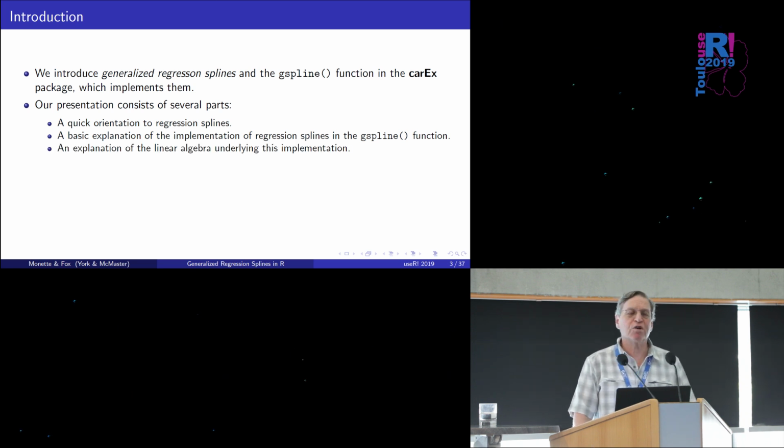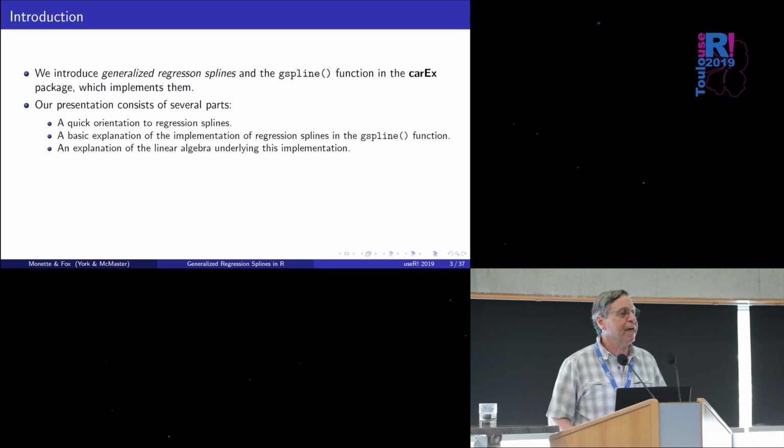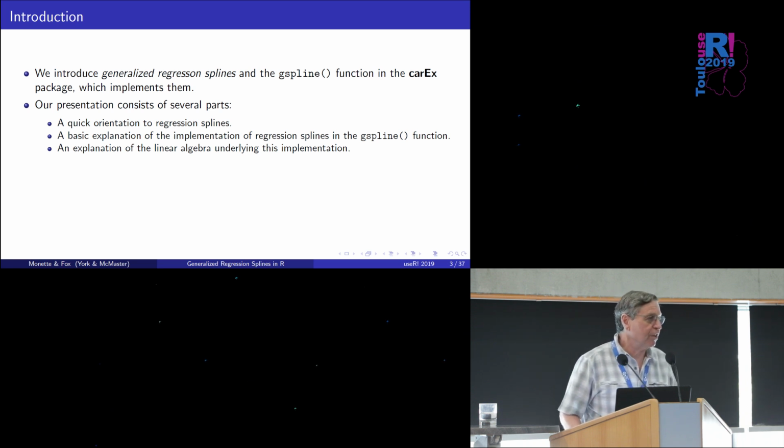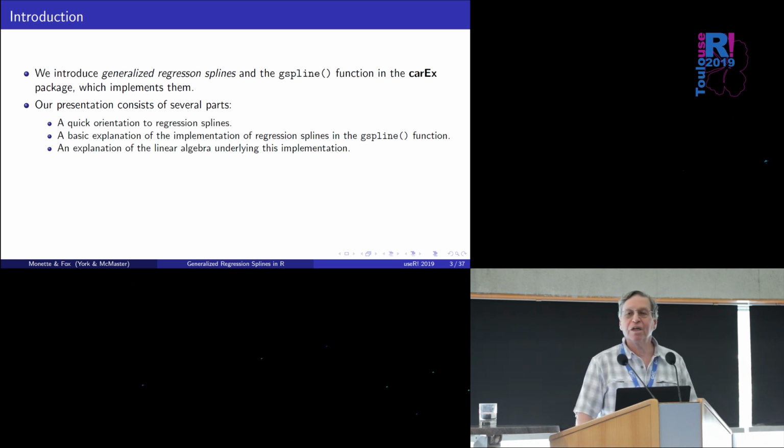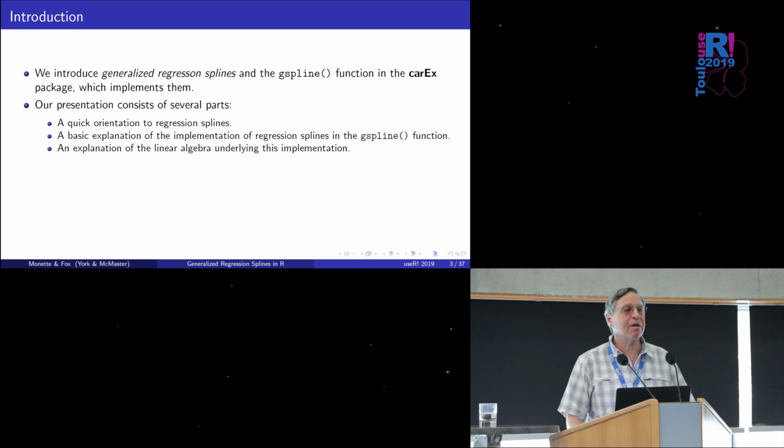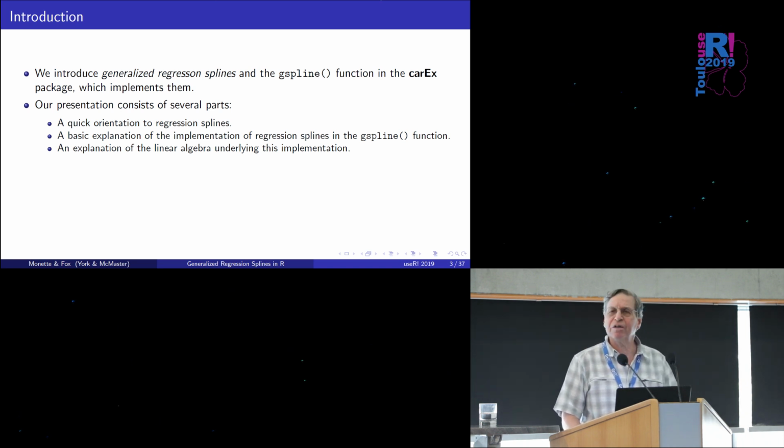The next part of the presentation we've left in the slides because it's of theoretical interest, but I'm actually not going to present it, both because of lack of time and because the linear algebra is intricate, and I don't think it's really an appropriate topic for this context. But we've left some of this material in the slides so you can see how this works. And there's even more material in the CarX package in a couple of vignettes.